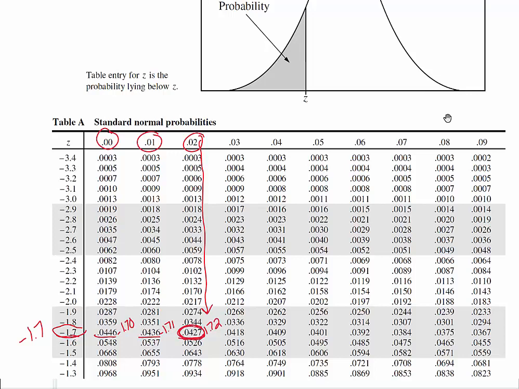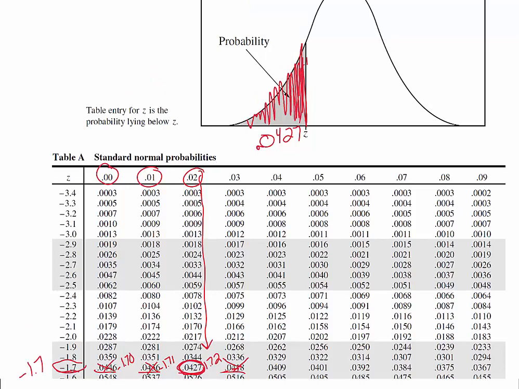There's no chart that gives you the area to the right. You have to keep in mind that in a standard normal curve, if you are calculating here, which is -1.72, if you want to find the area to the right, there is no separate chart. But keep in mind, the total area under the curve equals 1.